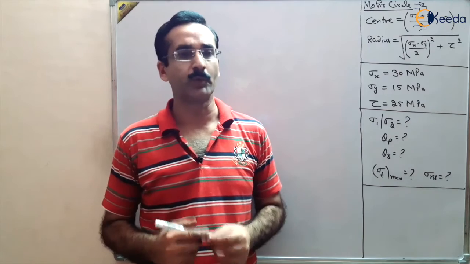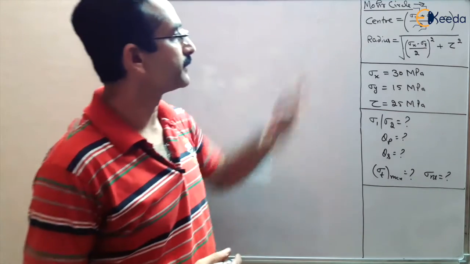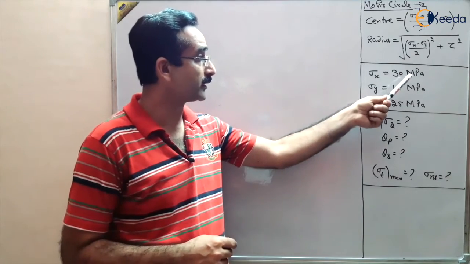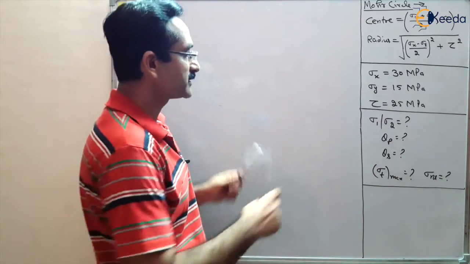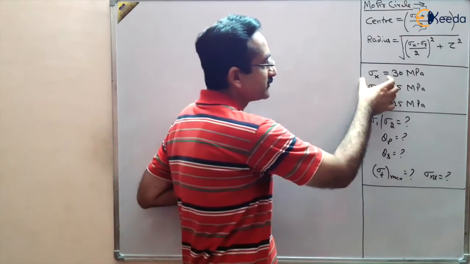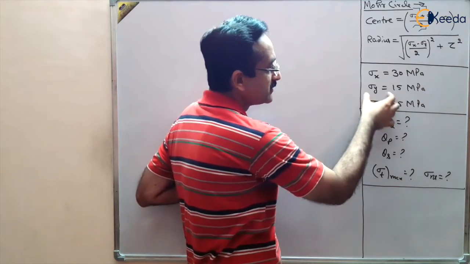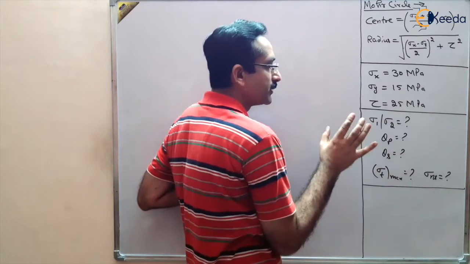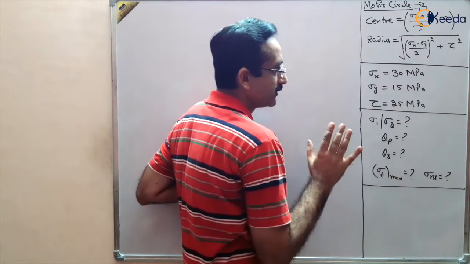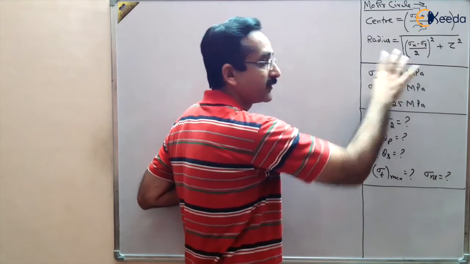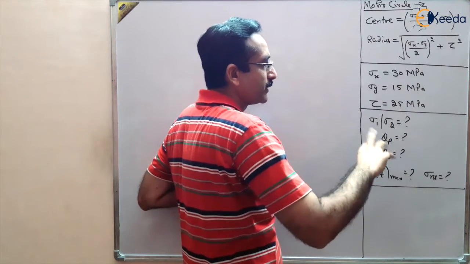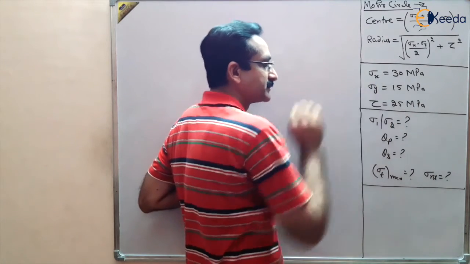Let us solve one more numerical based on Mohr Circle. We have already solved this numerical using analytical method, in which the stress condition was this: sigma x was given 30 megapascal, sigma y was given 15 megapascal, and shear stress was given 25 megapascal, and all positive. It means the normal stresses are tensile, and tau is making an anti-clockwise couple at the plane of sigma x.